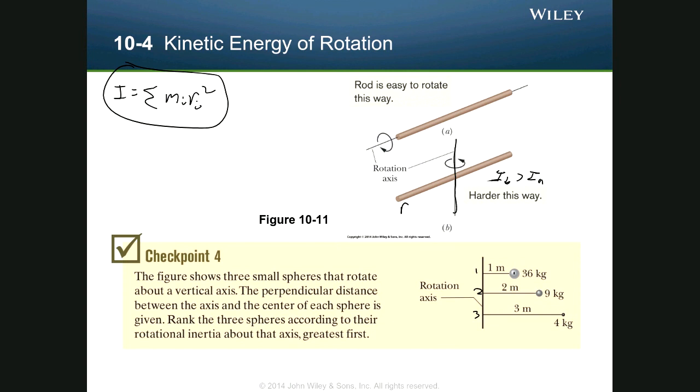So we just plug in each one, right? So 1 will be, m will be 36 times 1 squared, right? So, oh, we have disagreement. So this one will be 36. The second one will be 9 times 2 squared, which equals 9 times 4, which is 36.